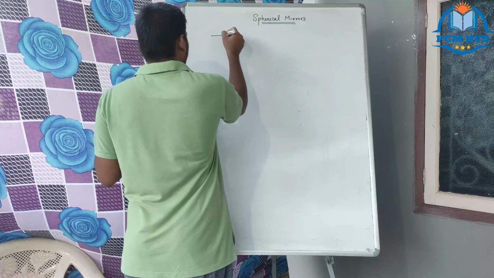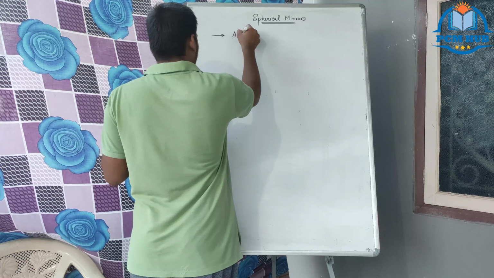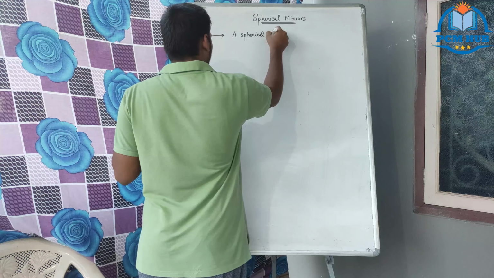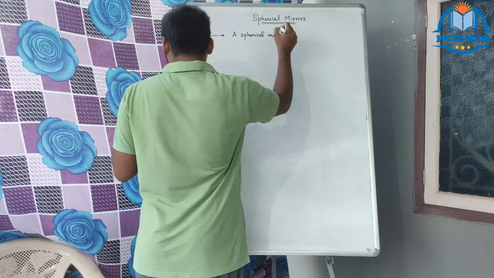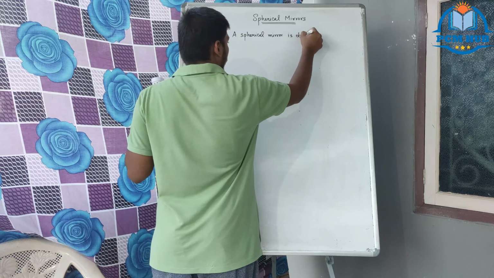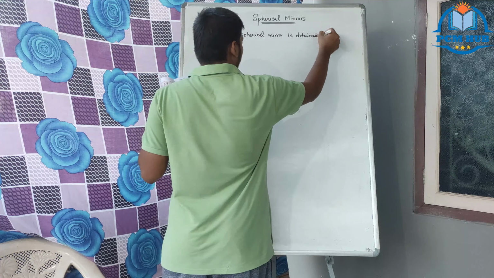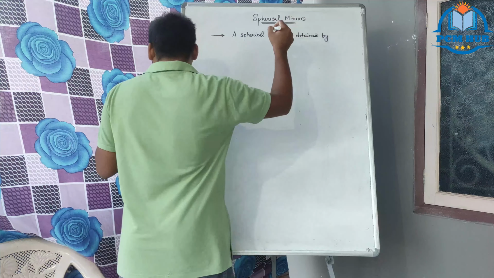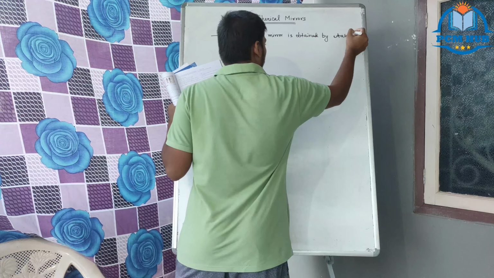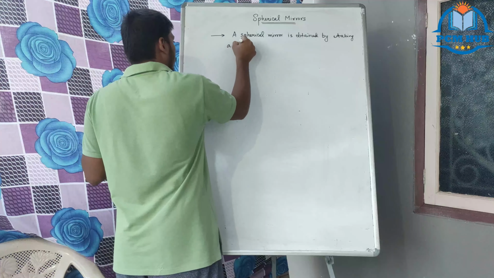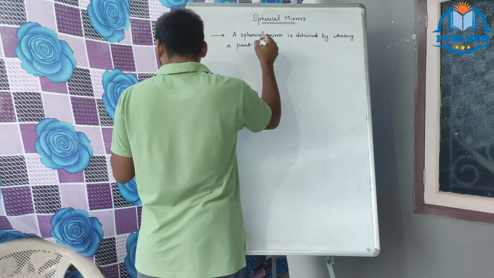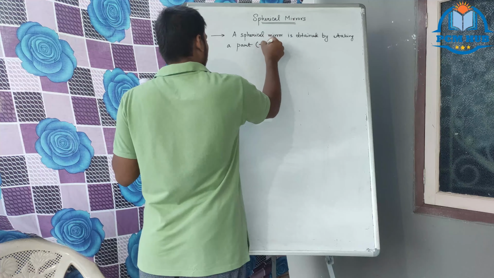So how is a spherical mirror obtained? A spherical mirror is obtained by taking a part, a thin part.